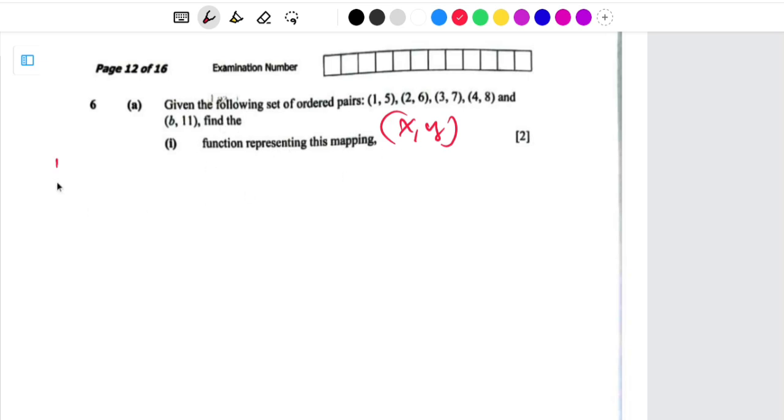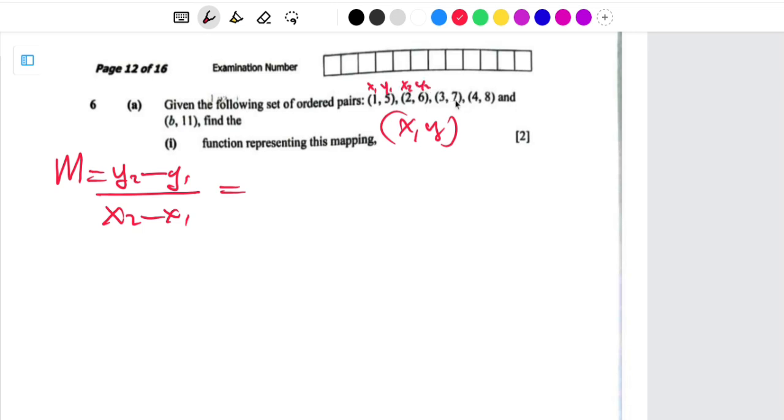So the first thing that we have to do, we have to find the gradient. So the gradient is given by this formula: y2 minus y1 over x2 minus x1. So you can choose from here, whereby you say this is x1, this is y1, this is x2, and this is y2.